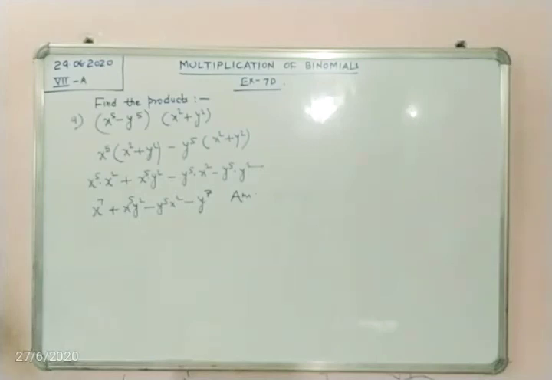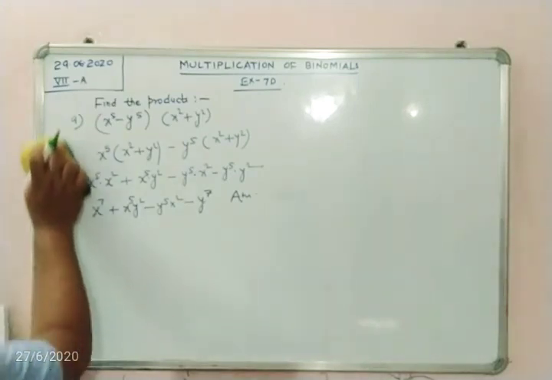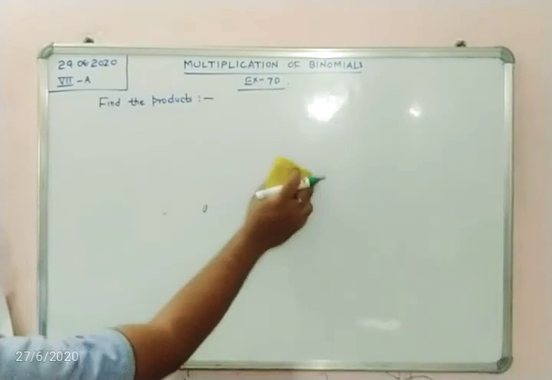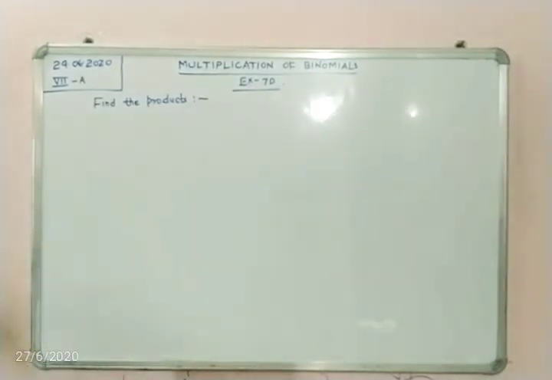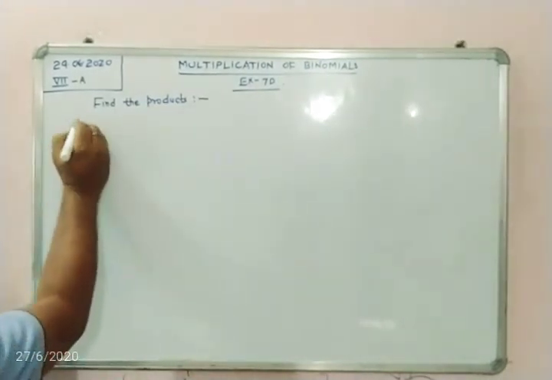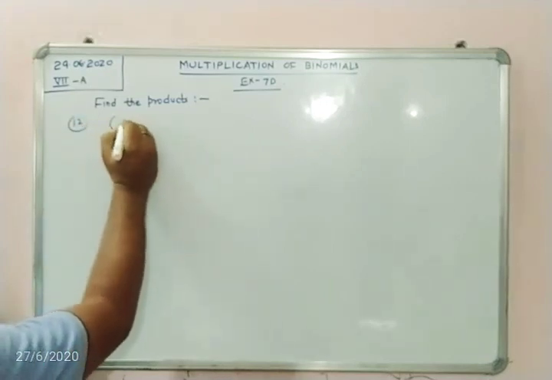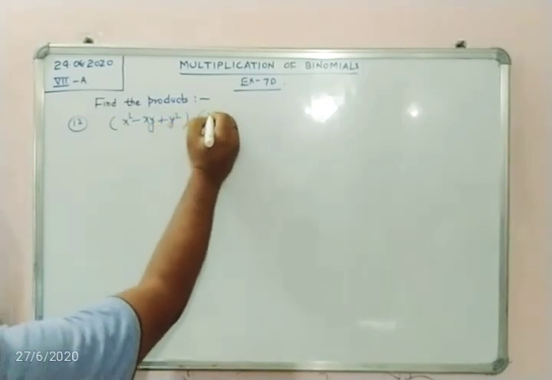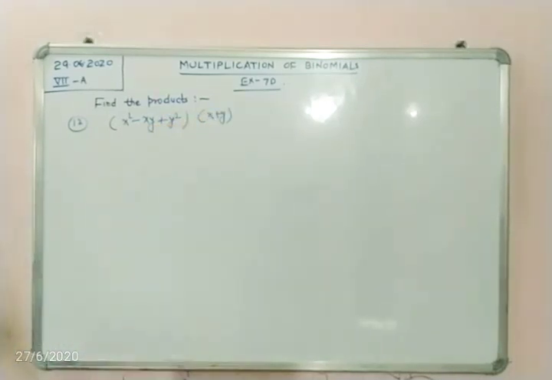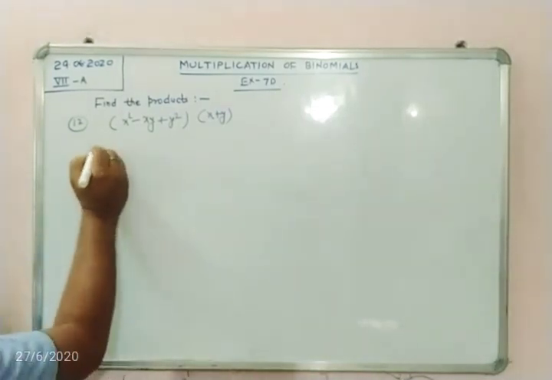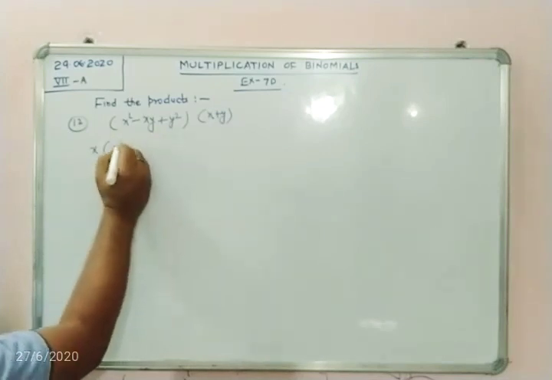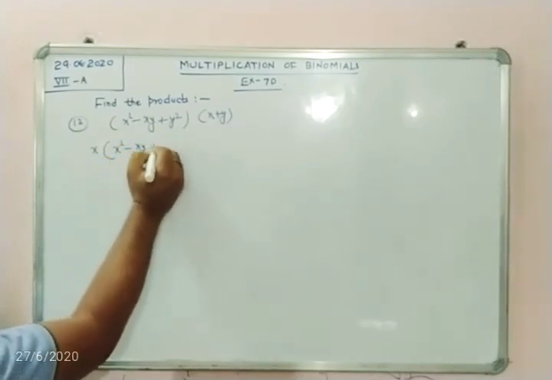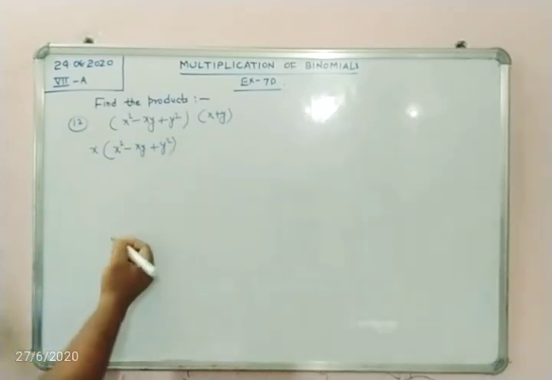Now I am going to show you the question number 12 solution. See, here trinomial and binomial: x square minus xy plus y square into x plus y. How could we multiply? x will be multiplied with the whole x square minus xy plus y square, distributive property.